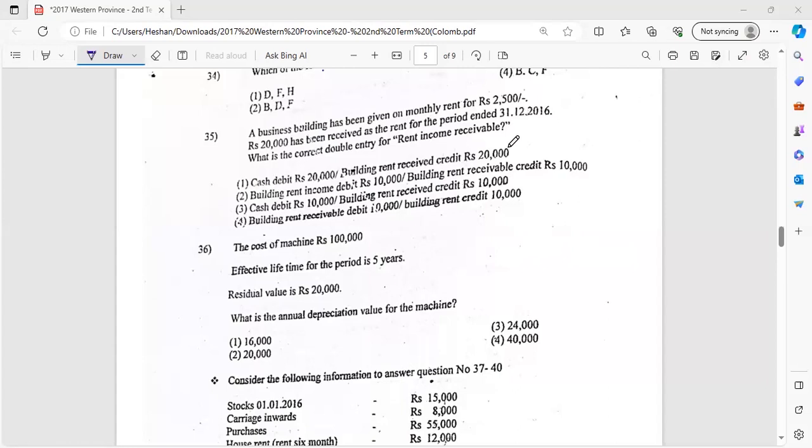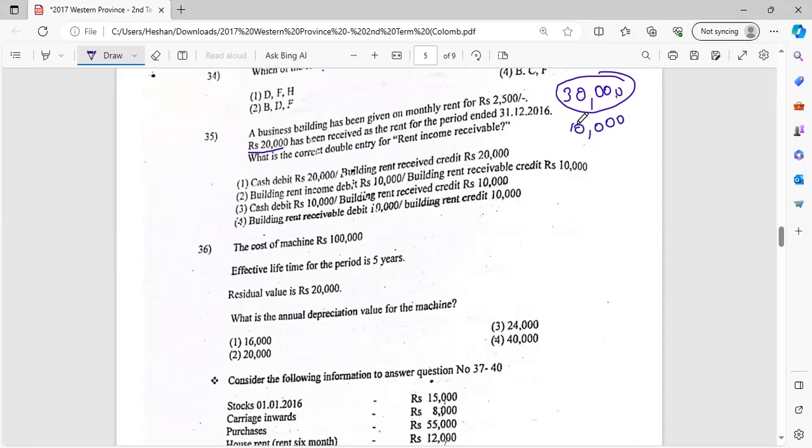So when we rented out, 2,500 should be multiplied by 12, so it's 30,000. That is the annual rent. But we received only 20,000, right? So the receivable income is 10,000.